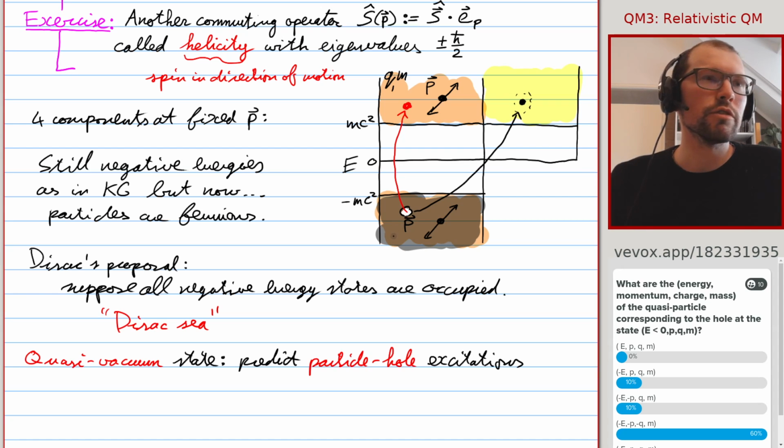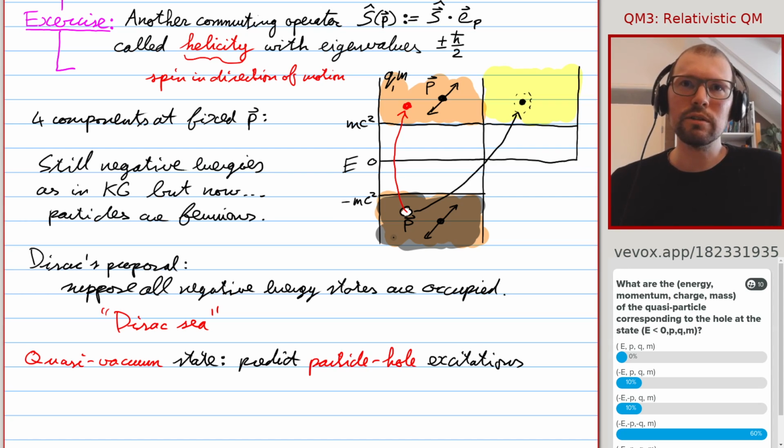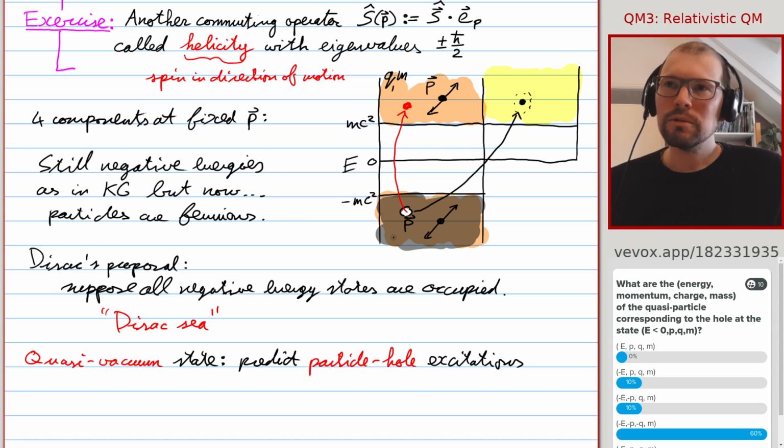We need a minus sign in front of this. Also, the charge is an additive quantity. So if we remove a particle with charge q, that is the same as adding a particle with charge minus q. And then the mass, how do we read off the mass? We simply look at the dispersion relation. The dispersion relation for minus p and minus energy E will still be satisfied for the same mass m.